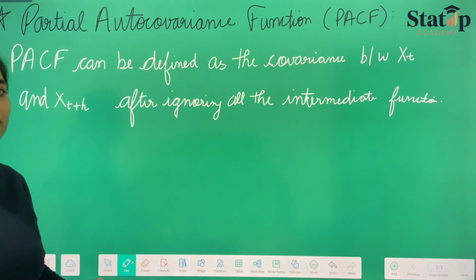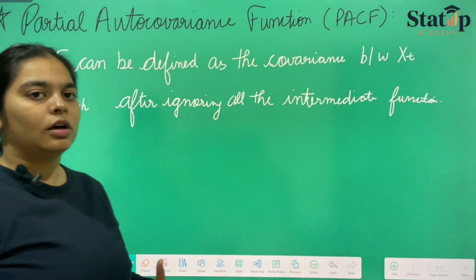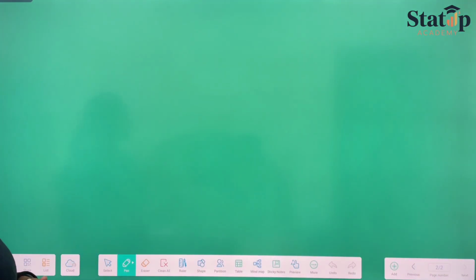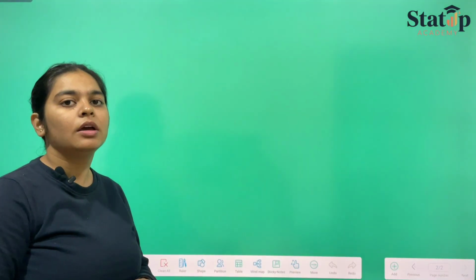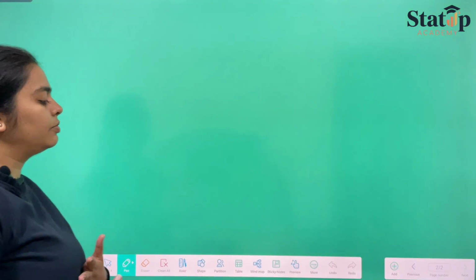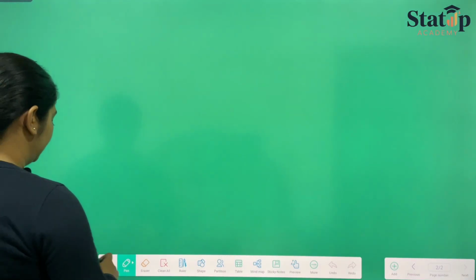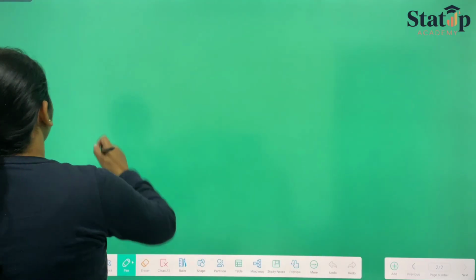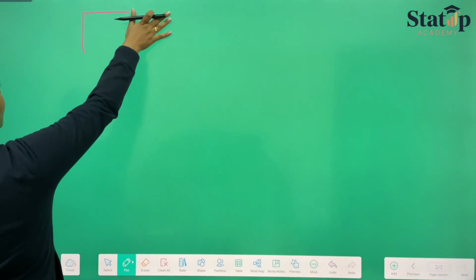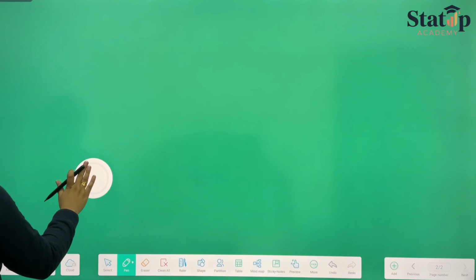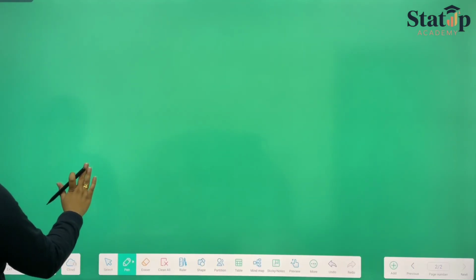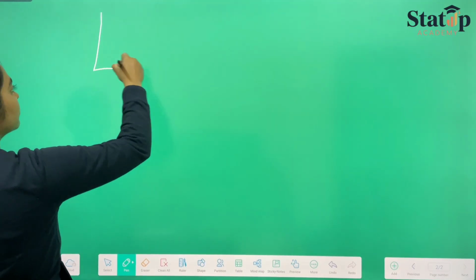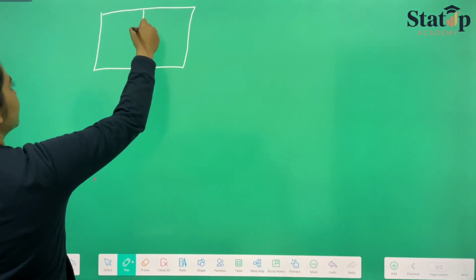Suppose we have to find out the covariance between, let us take an example. Suppose we have to find out the dependence of a commodity with respect to its lag value. Let us take a commodity such as paper.